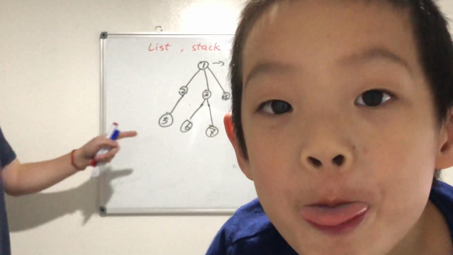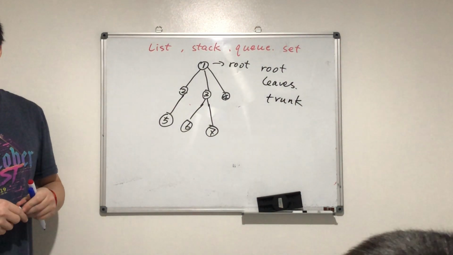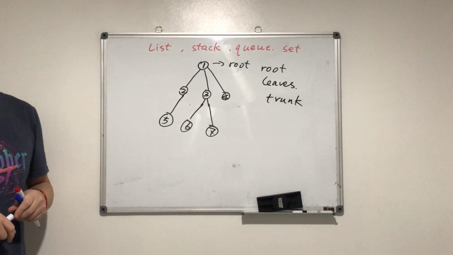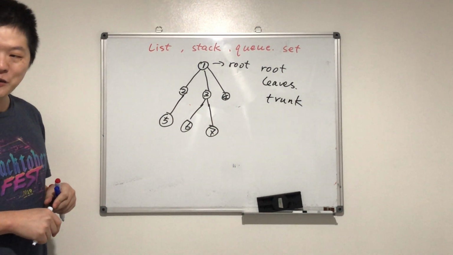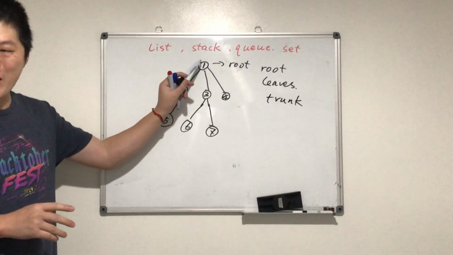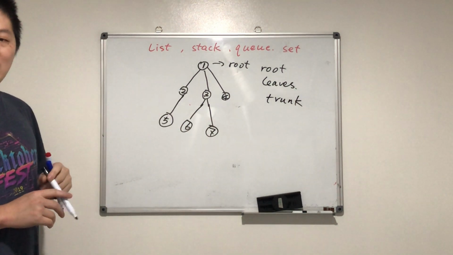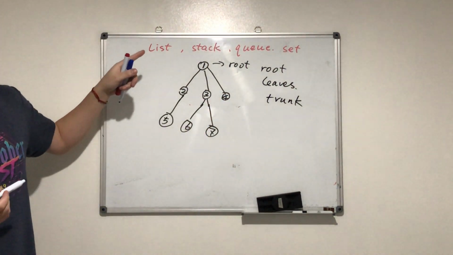Okay. So can you tell me which node does not have a parent? There's one node which doesn't have a parent. Yeah, 1 doesn't have a parent. So 1 does not have a parent because it's the root.